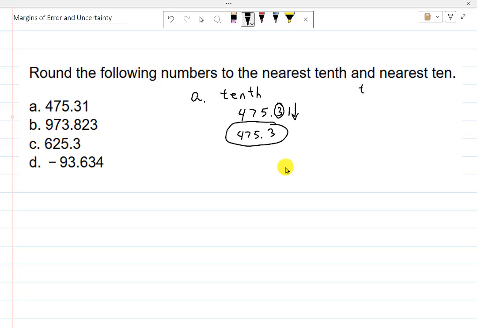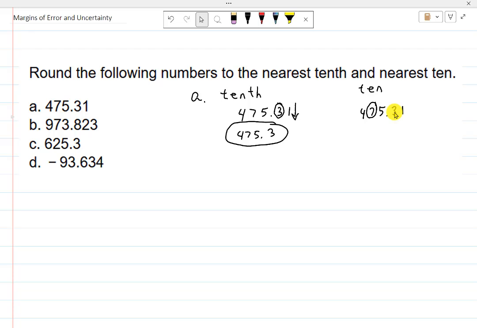Now for the nearest 10, this time we look at the nearest 10. Well, the tens spot is right here. Notice that across the decimal point it's not completely symmetric. If you look, there's a 1 spot on the left of the decimal, but on the right of the decimal there's no 1th position.